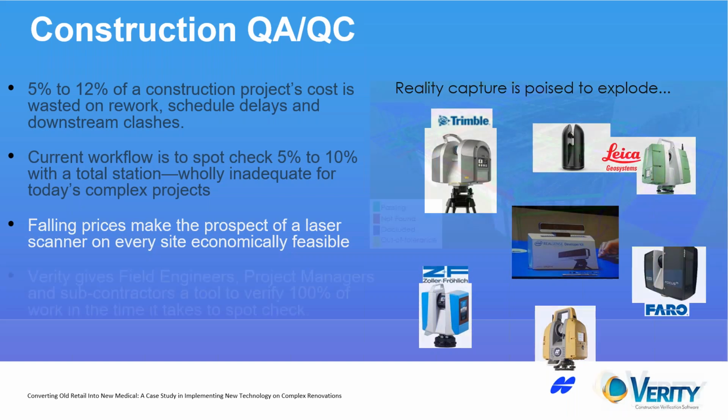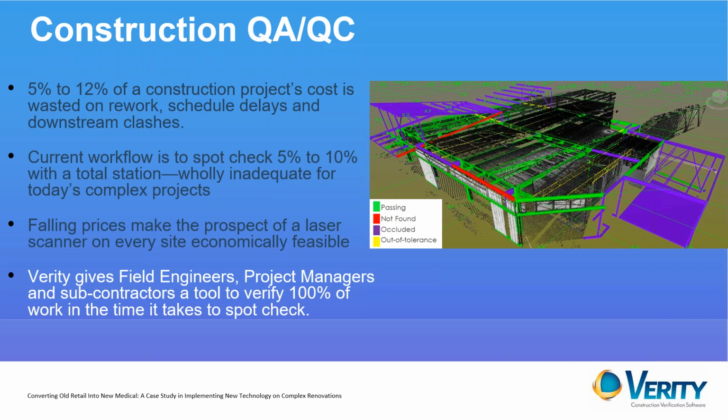So yeah, all of these things are getting easier and easier to use, and cheaper, and that means the technological limitations that made it basically impossible to check every element out on the job site, or to check all of your as-built conditions, are mostly gone.